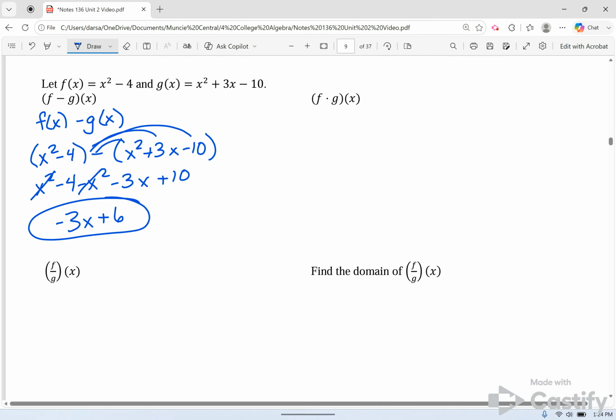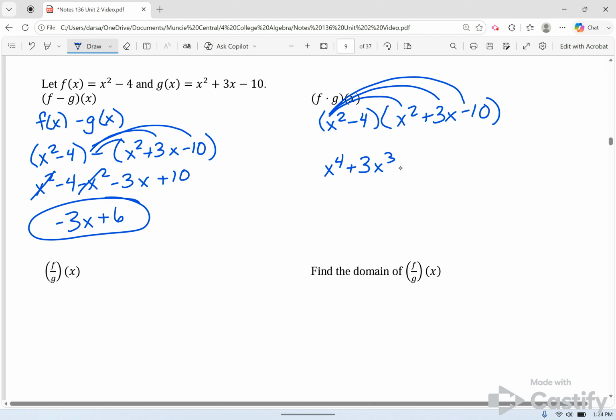F dot g, what does that mean? It means take the first one, notice it's in parentheses, and we're going to multiply it by the second one. Okay, how do we multiply a binomial times a trinomial? Remember, we multiply the first part of the binomial times all three things. So we're going to get x to the fourth plus 3x cubed minus 10x squared.